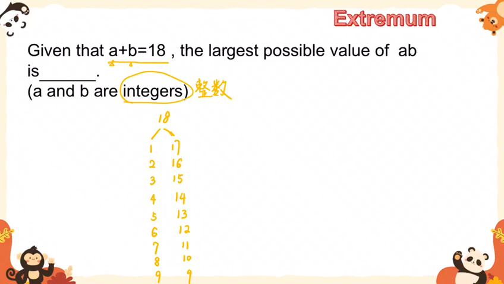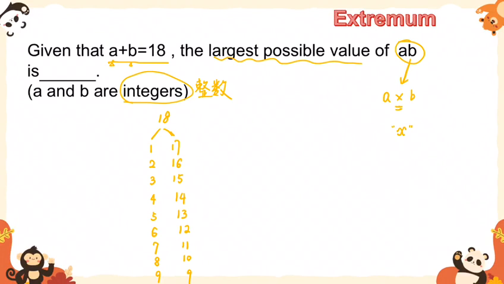So, we know the question is the largest possible value of ab. Okay, what's the meaning of ab? We know in algebra, ab means a times b, because the multiplication symbol is too similar to the letter x, right?